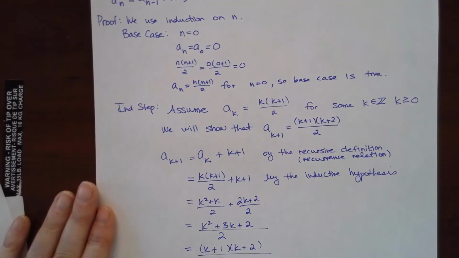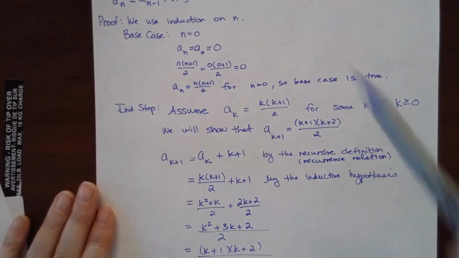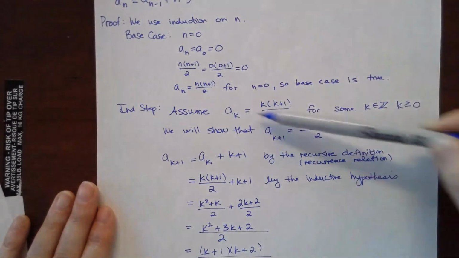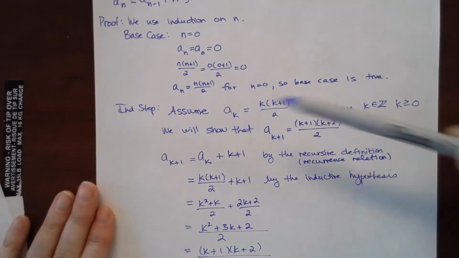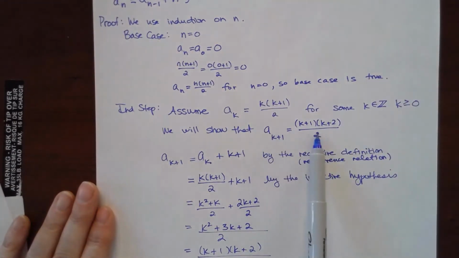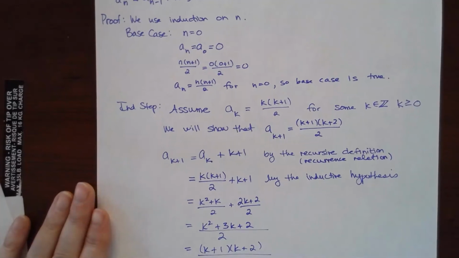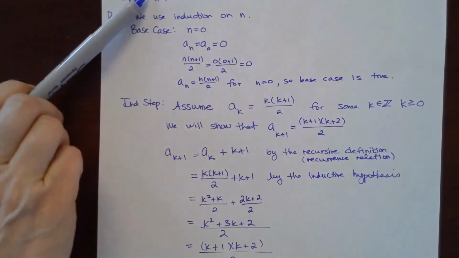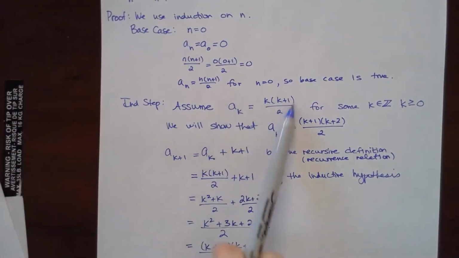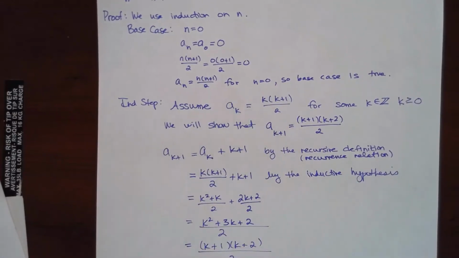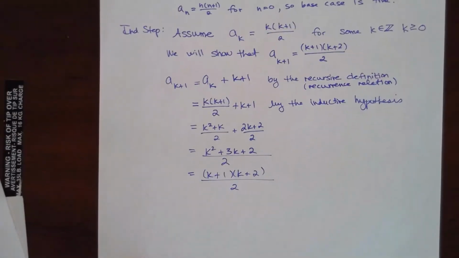So now, using only things that I knew to be true and this inductive hypothesis, I showed that these two things are equal. It's all based on either what I know to be true or this one inductive hypothesis, this one assumption that I made.